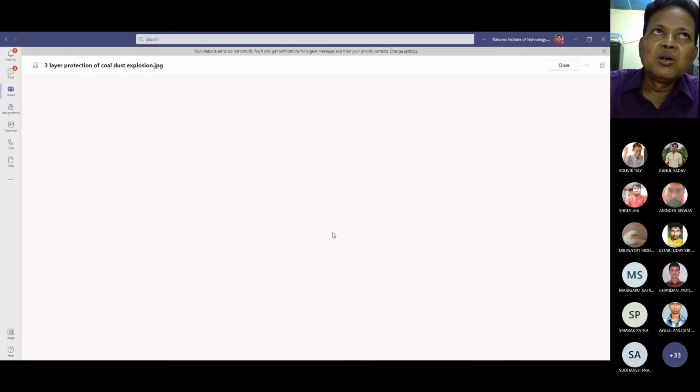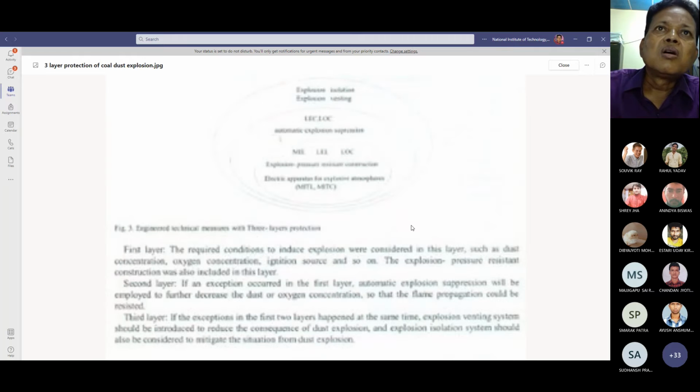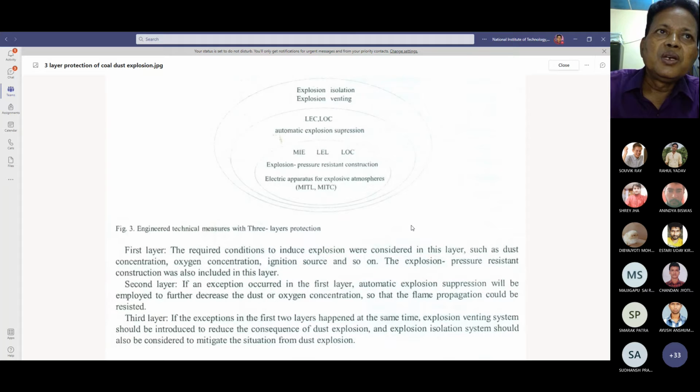How to control the coal dust explosion: explosion isolation, explosion venting, automatic explosion suppression, explosion pressure resistant construction, electric apparatus for explosive atmospheres.